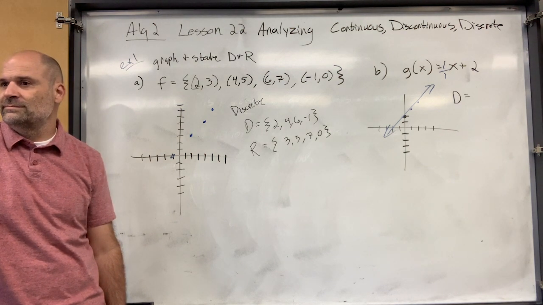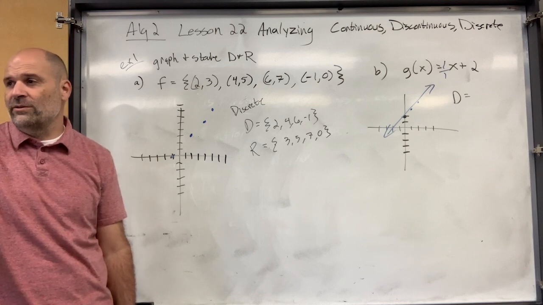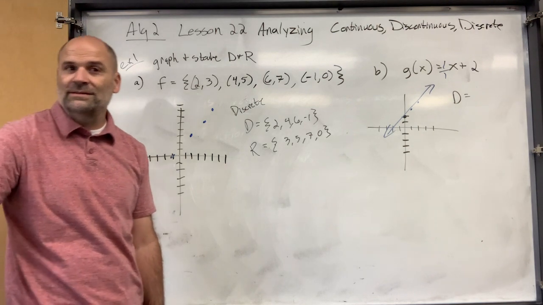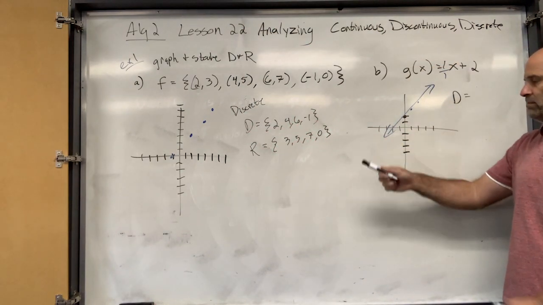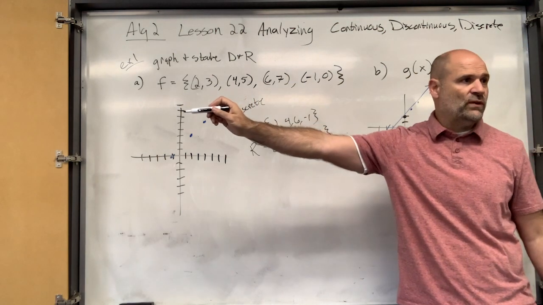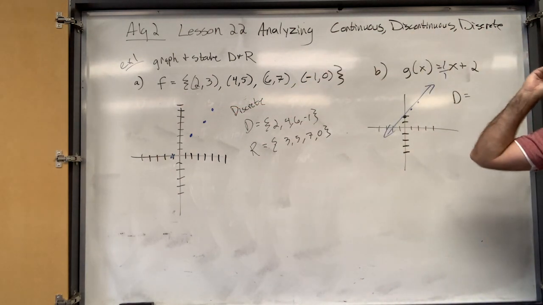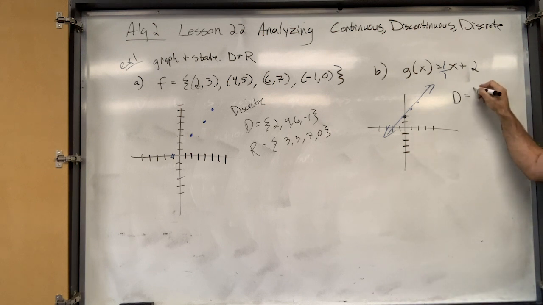Well, all the numbers. See how these arrows point in, they go on forever. So the x values will go from negative infinity all the way to positive infinity. But that's hard to think about. All real numbers.